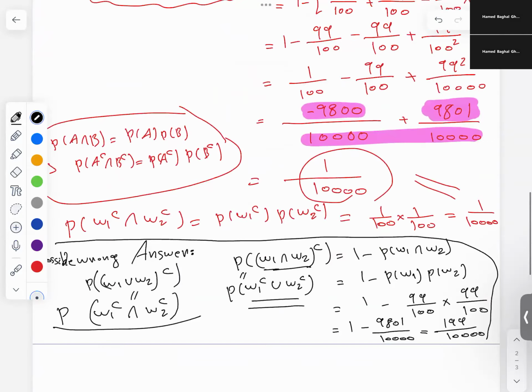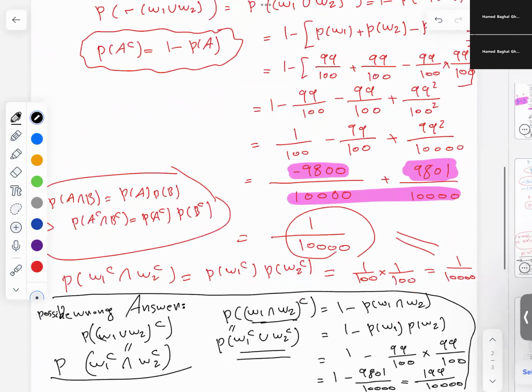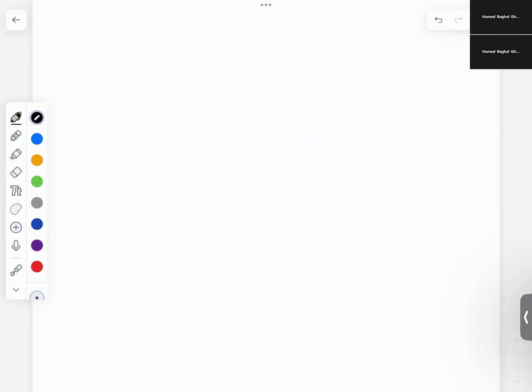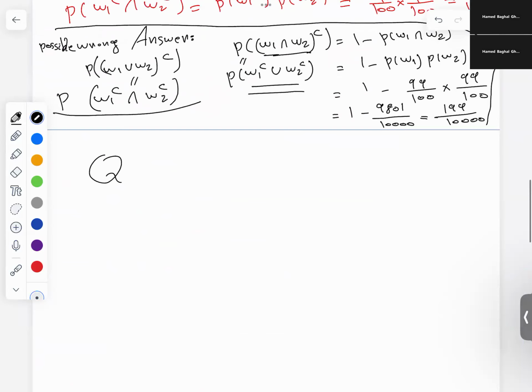Question 7. It says that probability of when the machine is working is 90%. Working. It tells me that when it's not working, the probability is 10.